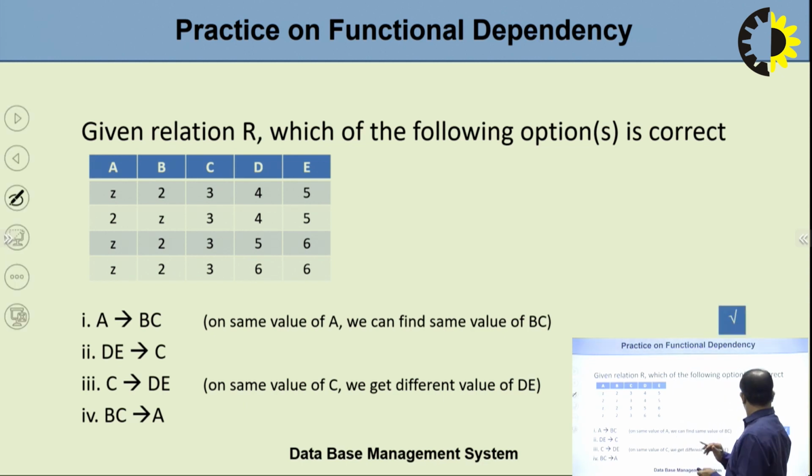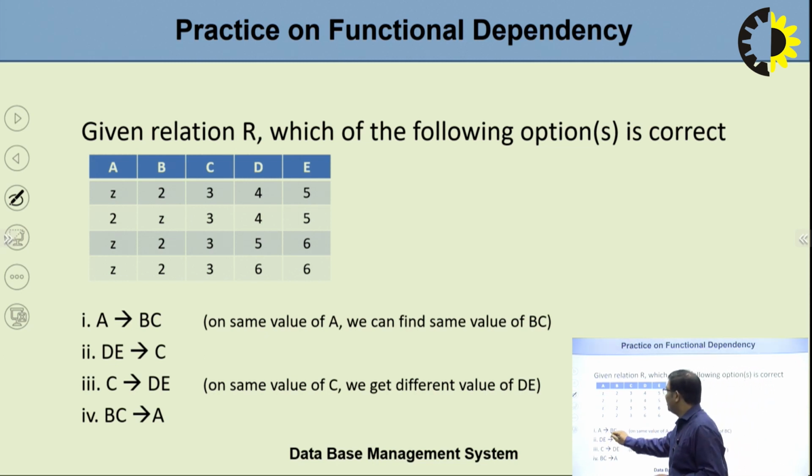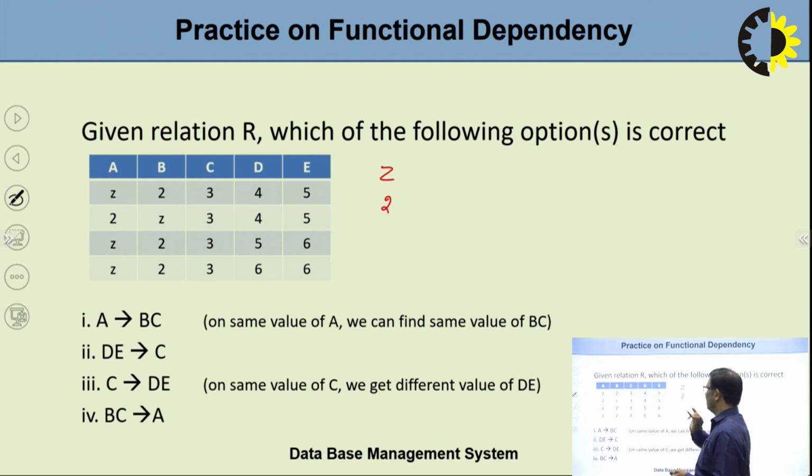A tends to BC. What are the values in the A column? Z and 2. These two values are given. On the basis of Z, we can find BC as 2, 3.